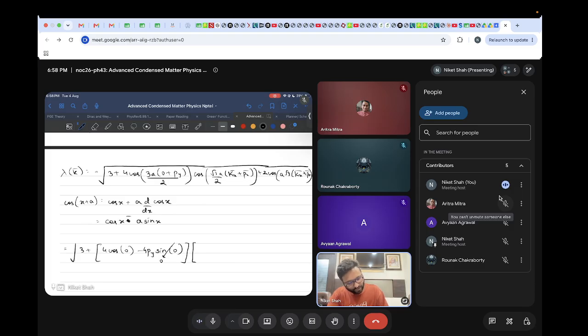Now next, cos of root 3 a by 2 kx, capital Kx, minus px. Because there is a derivative, I have to also write inside terms, which is root 3a by 2 into root 3a by 2 sine of root 3a px by 2.